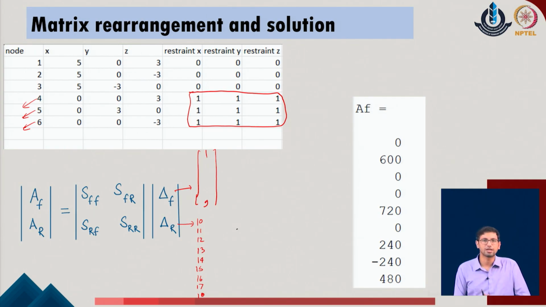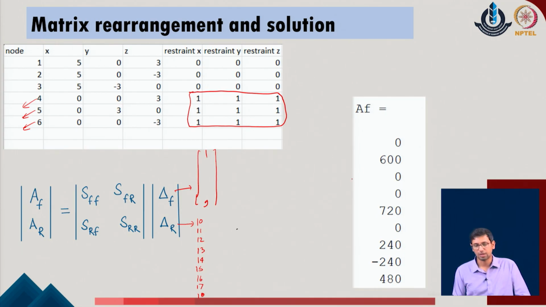So, I can now just segregate the stiffness matrix in these two parts. It will become much easier because the standard order of the free and the restrained degrees of freedom is very well distributed, which is 1 to 9 and 10 to 18 in the given system.